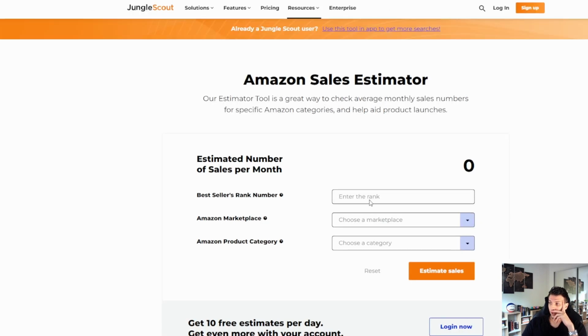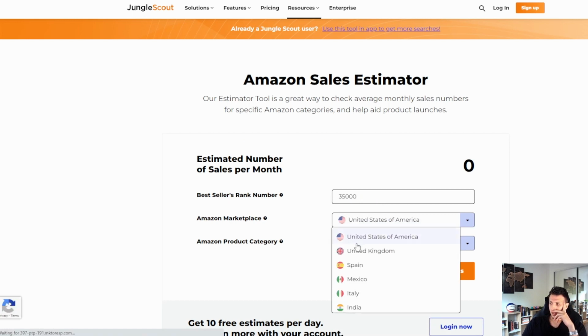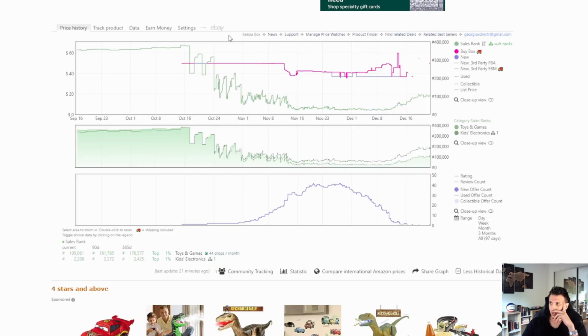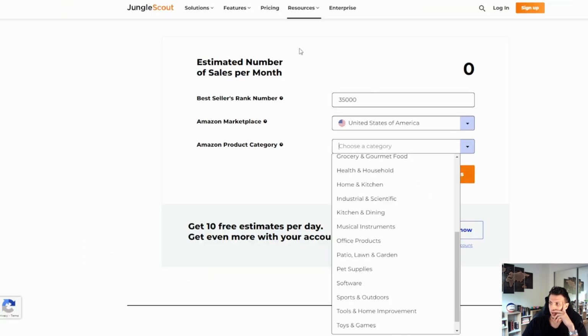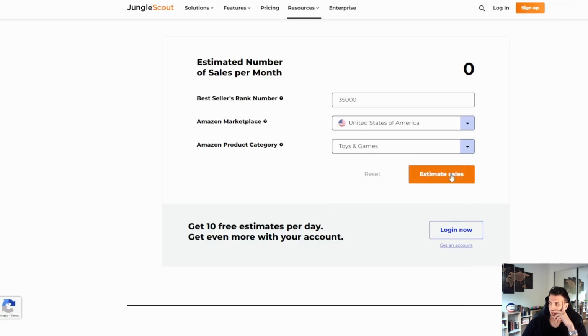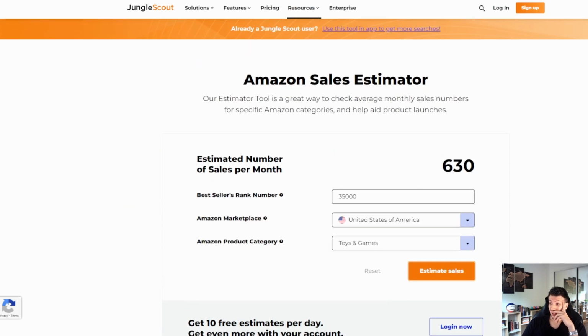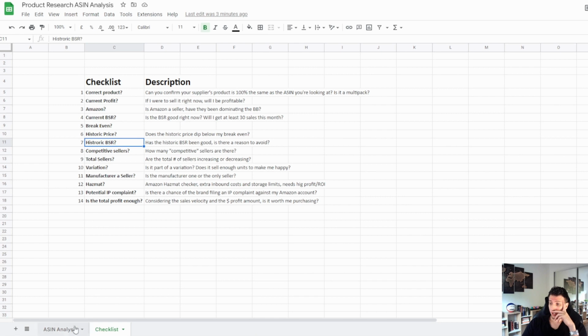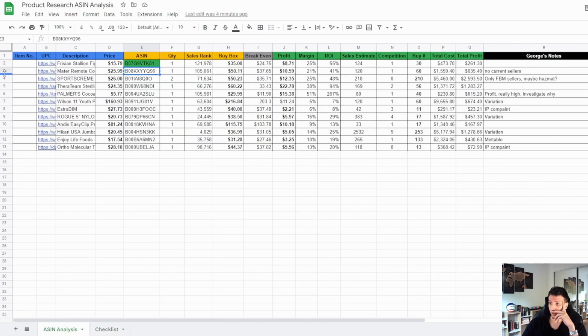We can punch in 35,000 in the Jungle Scout Estimator. I think it was toys. Yes, toys and games. And we'll see what it gives us. 630. So it's 630 units at the moment, if we have it in stock. So I'm going to go ahead and change this to 630.